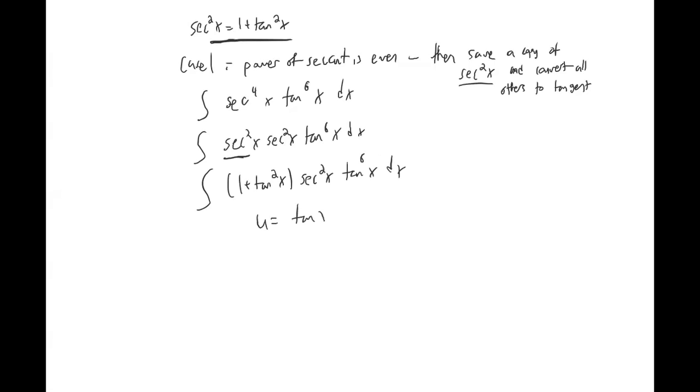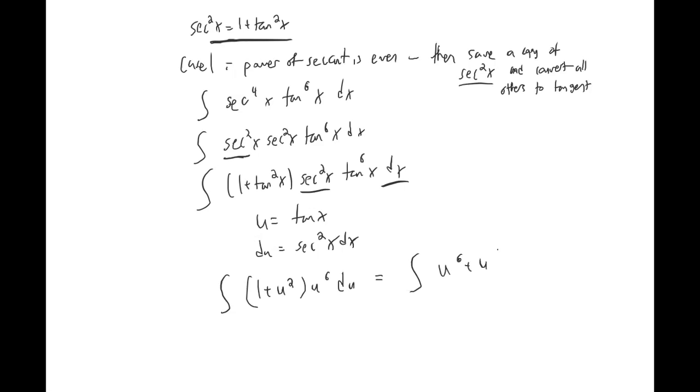Let u be tan, du is secant squared x dx. So here this part's du, and then I get the integral of 1 plus u squared times u to the 6 du. At this point, it's simple, right?